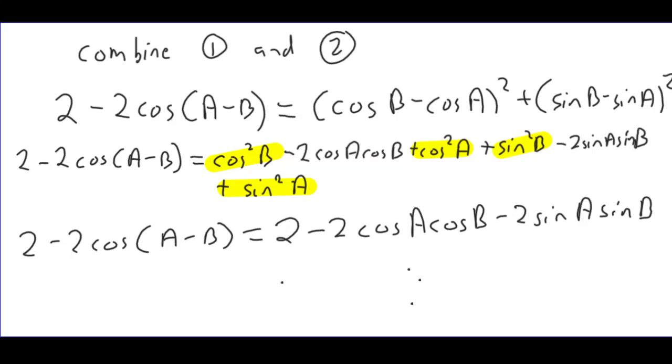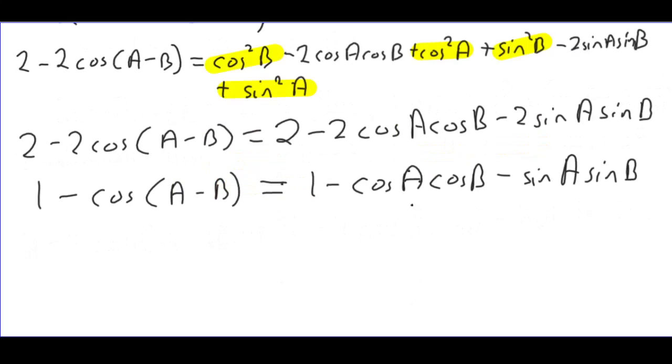Okay. Next, I can divide everything by 2. You'll notice that every single one of those terms is a multiple of 2. So let's do that next. And there you can see that. Now, keeping in mind, I'm trying to come up with the equation for the cosine of A minus B. So I want to solve for that.